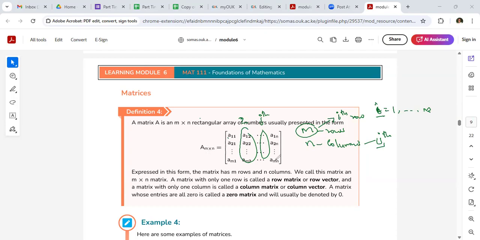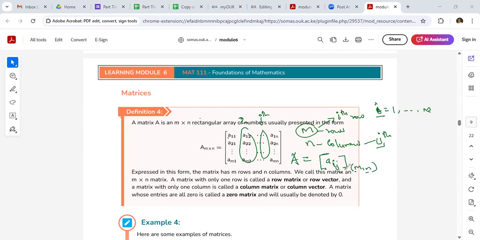The other way of writing this matrix is A_ij, m by n, meaning that i ranges between 1 and m, and j ranges between 1 and n.